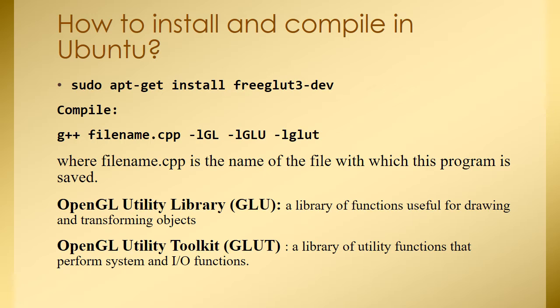And you see the letters GLU, which stands for OpenGL Utility Library, which contains functions for transforming and drawing objects. And you have GLUT, which is a utility toolkit, which has functions to perform system input output functions.